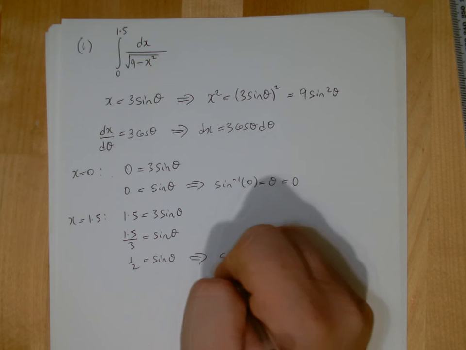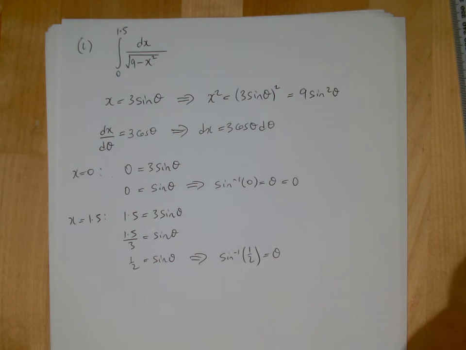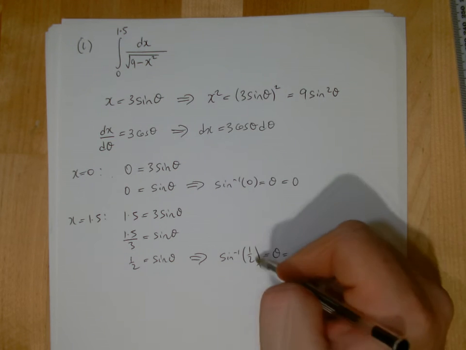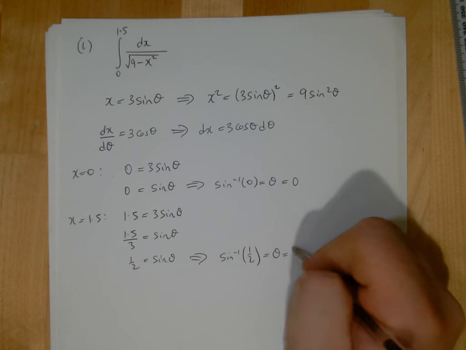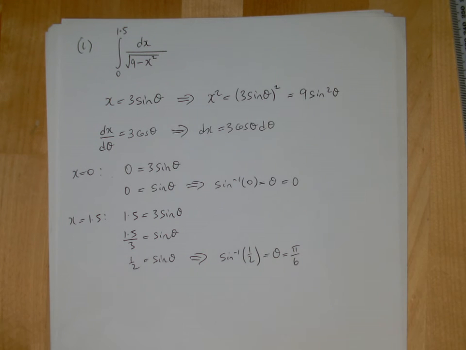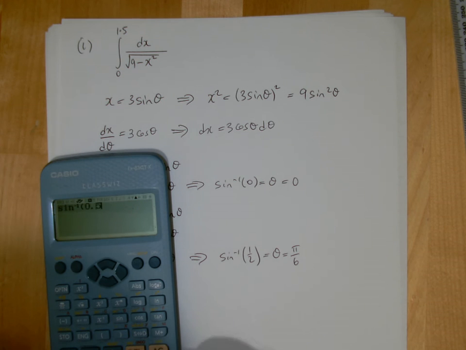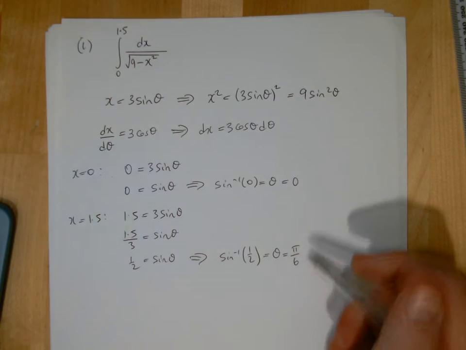If I take the sine over, I will get sine to the minus 1 of a half equals theta. And you perhaps know what sine to the minus 1 of a half is: 30 degrees, which would be pi by 6. Remember, it's got to be in terms of radians. You can just check that on your calculator if you put it in radian mode.